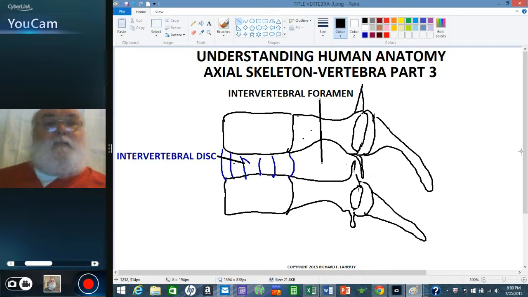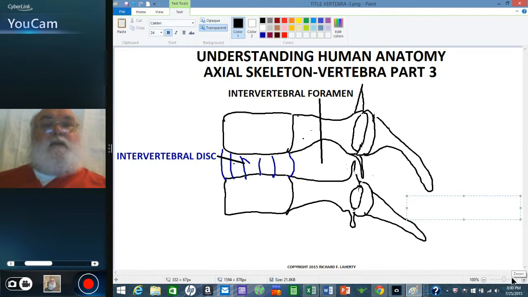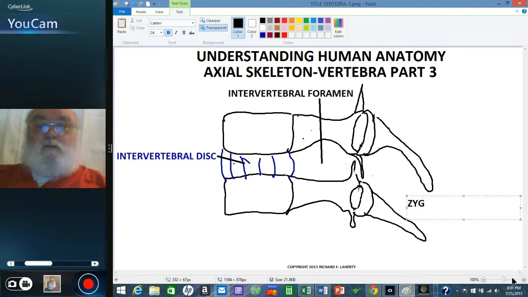Now, the two articular processes meet to form a synovial joint. This joint is called the zygapophyseal joint.